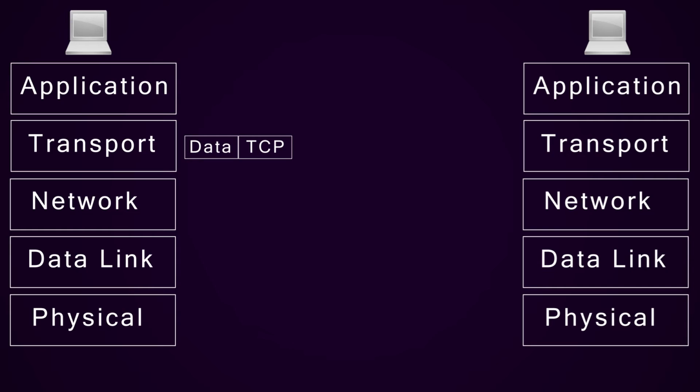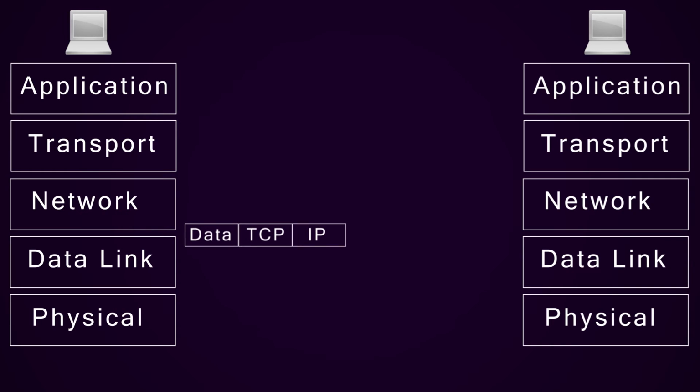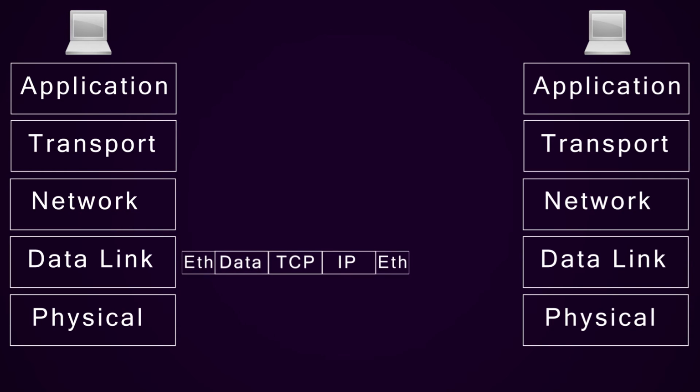This is then passed to the network layer, where IP headers are added, including the source and destination IP address. Ethernet headers and footers are added at the data link layer. This is where the source and destination MAC addresses are added. More of this to come later.